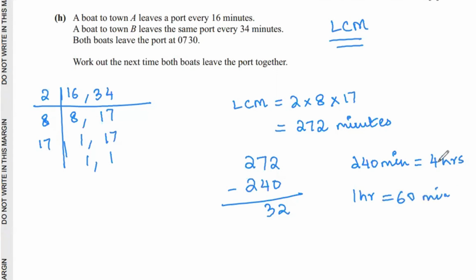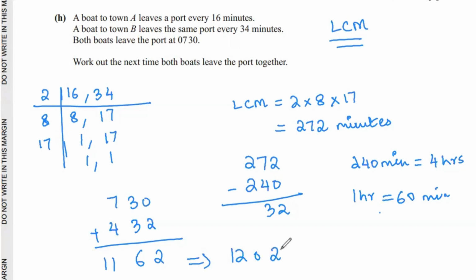So if we multiply 4 with 60, that gives us 240 minutes. So the next time both boats leave together is going to be 7:30 plus 4 hours and 32 minutes. And that is 12:02. That's the time. And that's your answer.